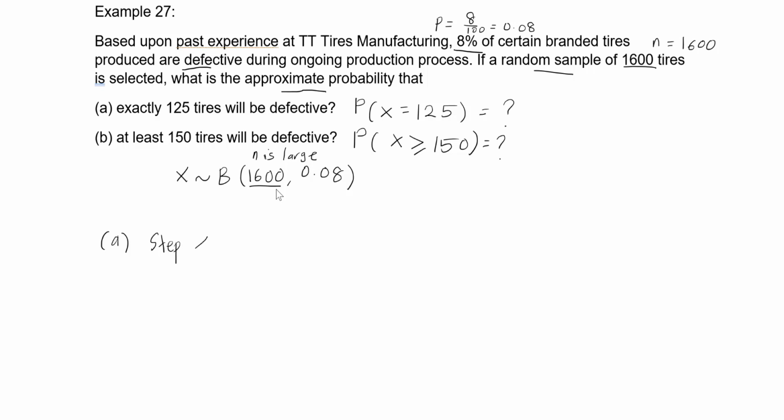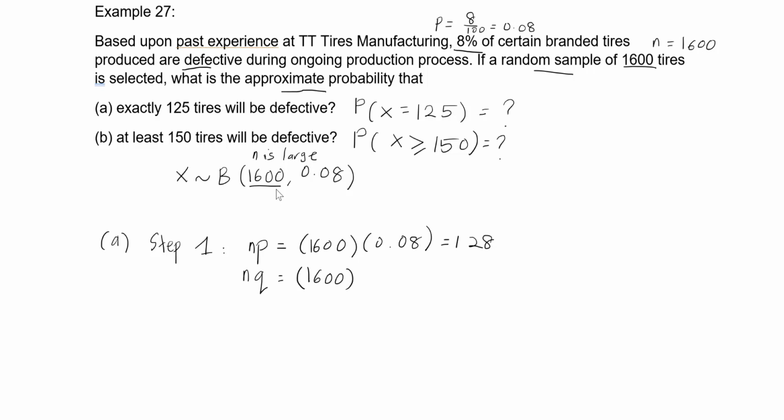So we do step 1. We want to check whether we can use the normal approximation or not. So we have NP and we have P. We will get the answer of 128. Then we want to calculate NQ.